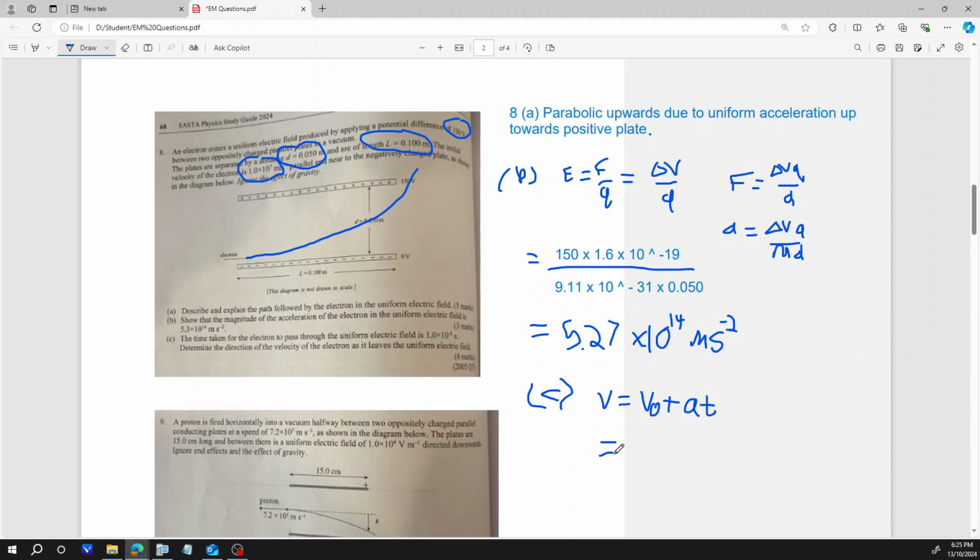Equals 0 plus, I'm just going to use the values they've given us, 5.3. So you can do this question completely independent of the other ones, just using the two values they've given you for free.